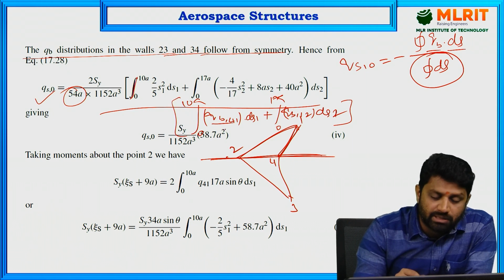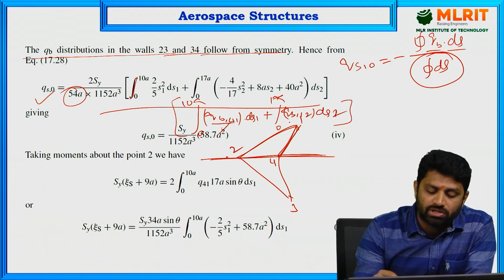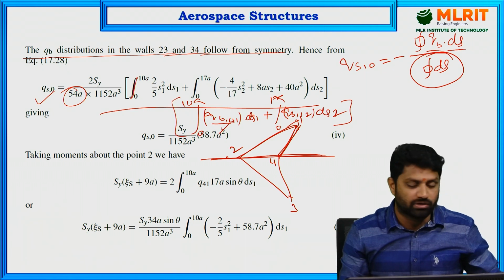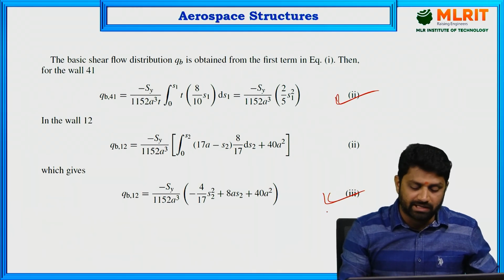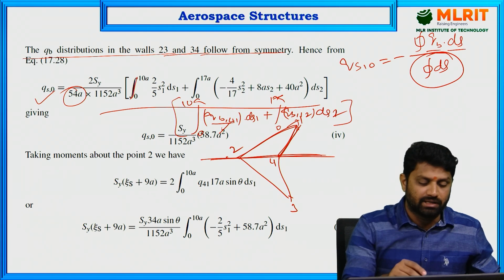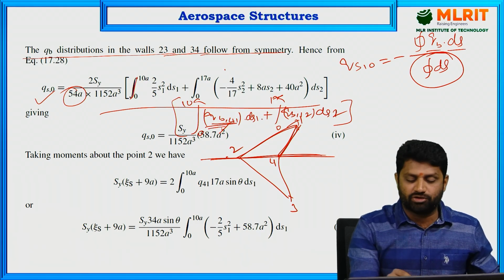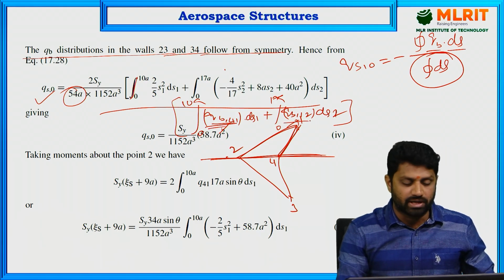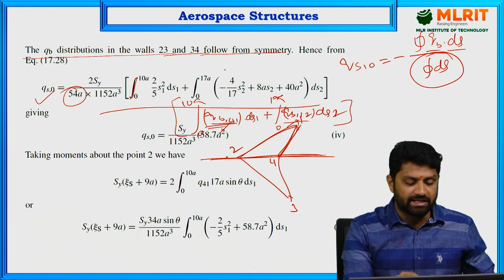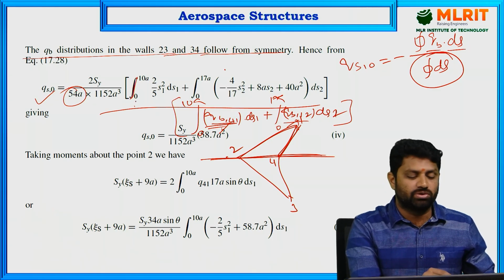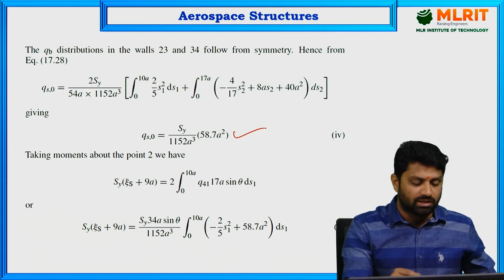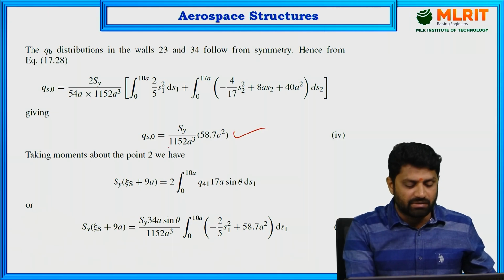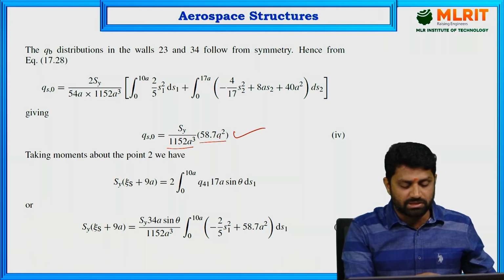So we are replacing QB41 and QB12 values with what we got from the previous equations, equation 2 and equation 3. We are substituting them in this equation in place of QB41 and QB12. Once you substitute and integrate between the respective limits, 0 to 10a and 0 to 17a, we are left with Qs0 equals Sy by 1152a cube into 58.7a square.